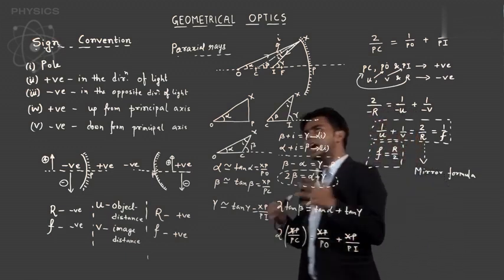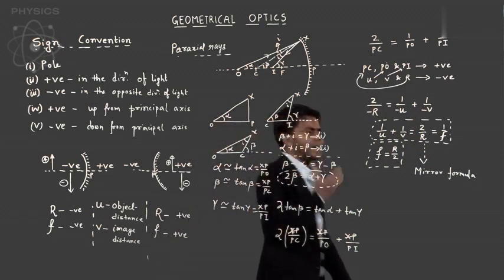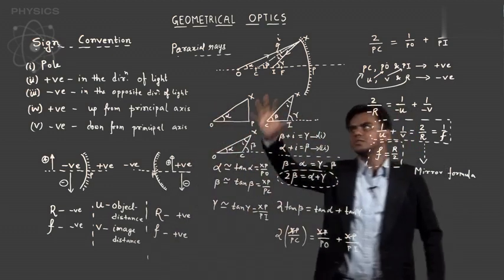This we have done for concave mirror. But if we draw a similar diagram, these diagrams are known as ray diagram.